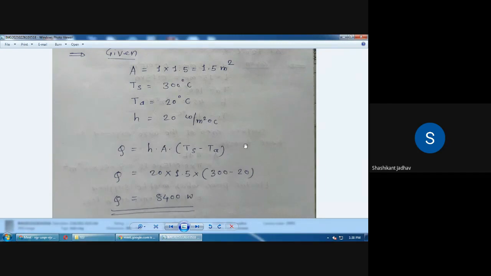So what is Newton's law of cooling? Q is equal to h A into Ts minus Ta. So h is 20, area is 1.5, Ts is 300, Ta is 20. From that we get the answer of 8400 watt. So this is the first problem.